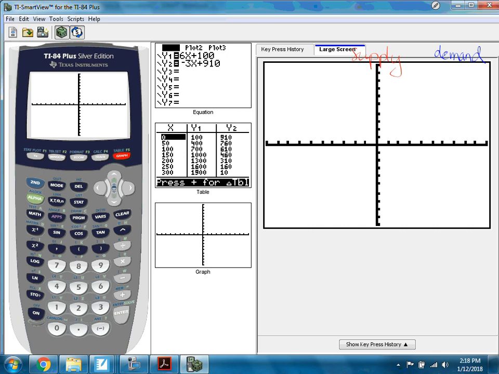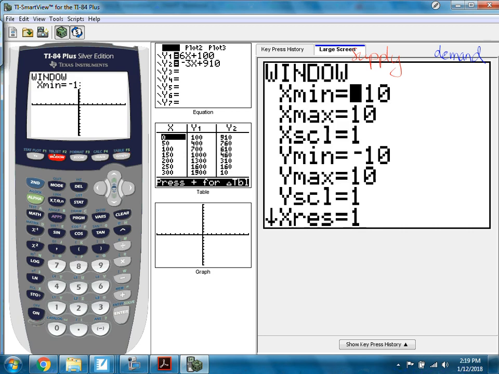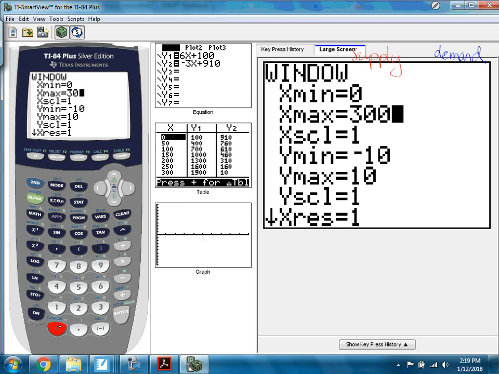Look, all this action is happening between 0 and 300 for my x's. And my y's are going up to almost like 2,000. So let's go to the window, not literally, but in the graphing calculator. So let's do x between 0 and 300, which represents the price of CD players, which is what we used to have to buy.